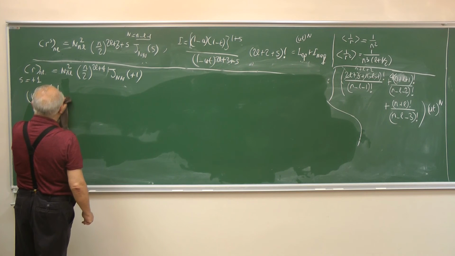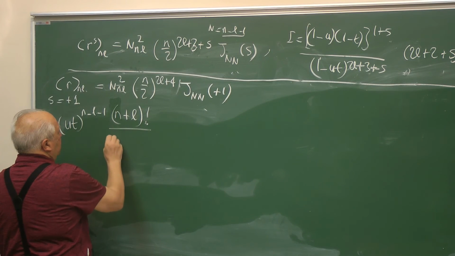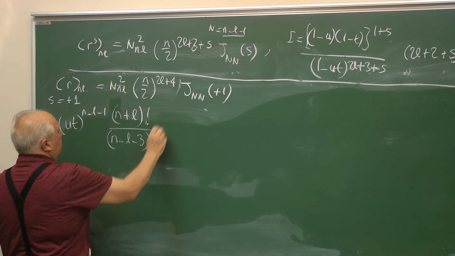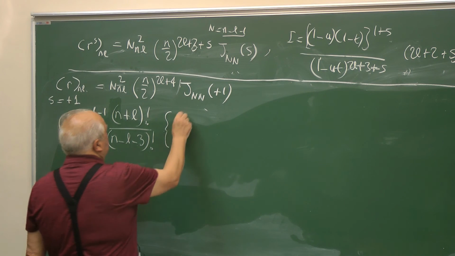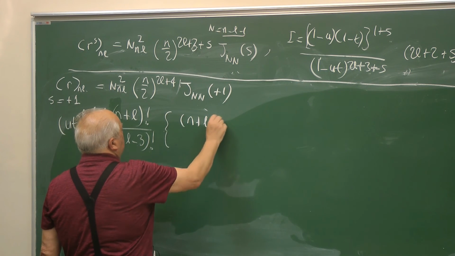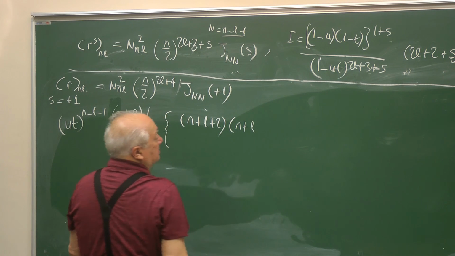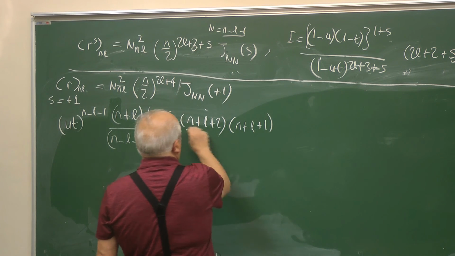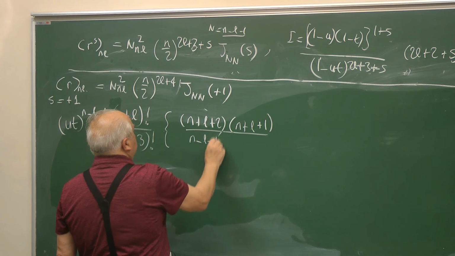Let us simplify inside the parentheses. (n+l)! divided by (n-l-3)! times (n+2+l+1) over (n-l-1).